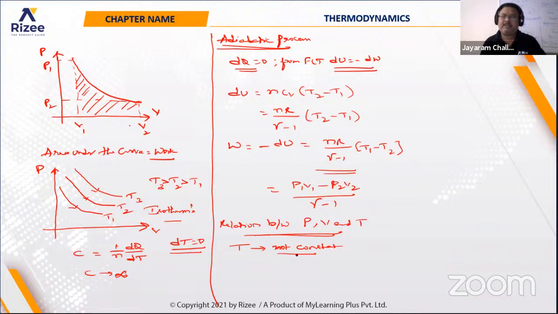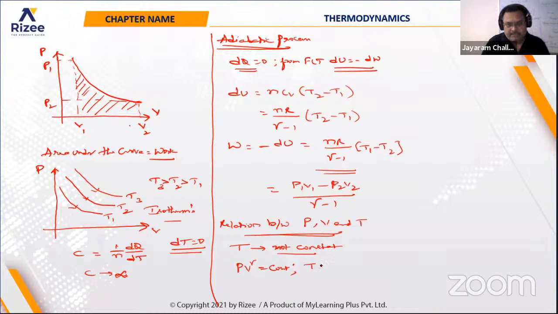So we need to establish a new relationship between the pressure and the volume. When you derive that relationship, you get PV to the power of gamma is equal to constant. This is the relation between the pressure and the volume in the adiabatic process.